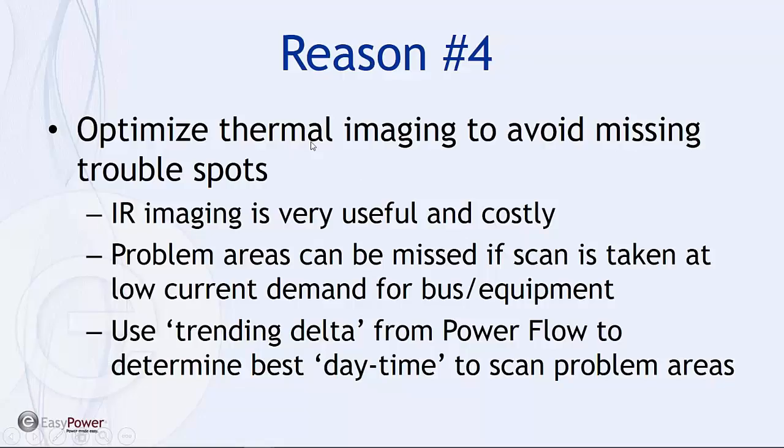If we have a scan scheduled and it's not at the maximum load current, that switching system or that bus or that motor might have problems where we could identify the heat signature, then having a prediction from the trend lines will help us optimize and make sure we scan those particular elements at a specific time or specific load.